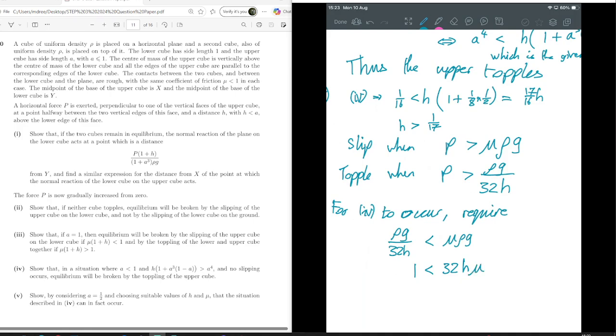So now I need to pick h and mu to make that work. So then let's pick, well, if h needs to be bigger than 1 over 17, let's go for 1 over 8, and mu to be a half. So that condition does hold. 32 times an eighth times a half is 2.